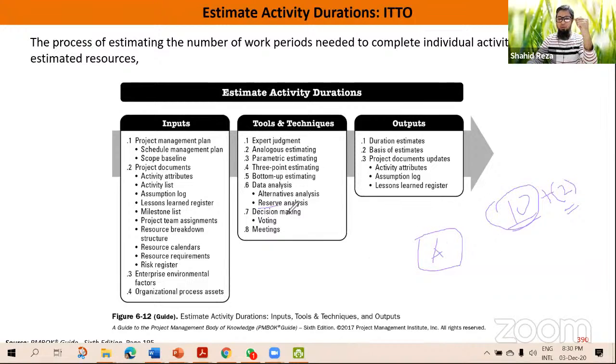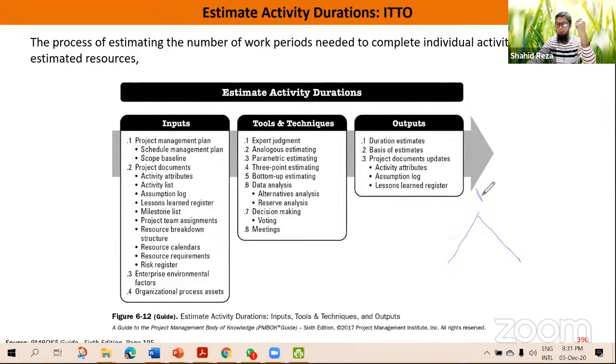So you have to analyze for each activity whether there is any buffer you need to keep to handle those unwanted situations. This reserve is of two types.